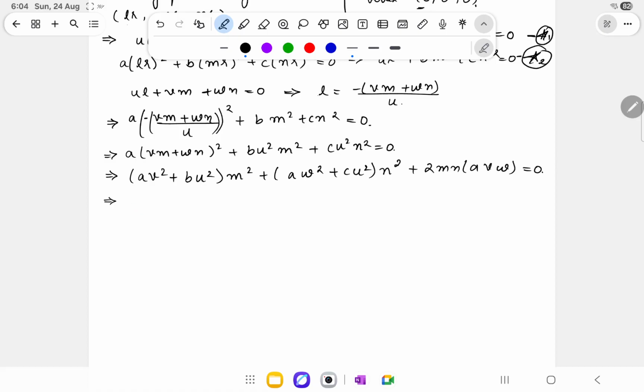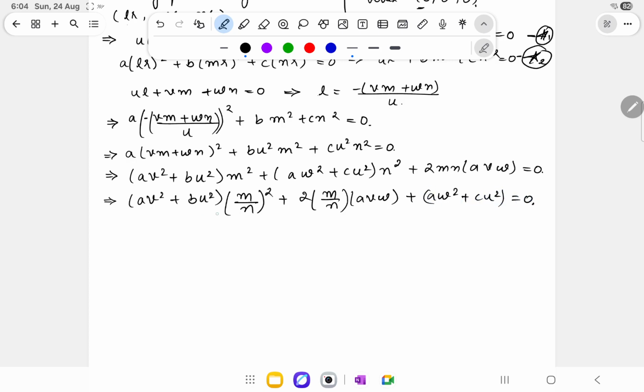If I divide the whole term by n square, I'll get (av square plus bu square) into (m by n) square plus 2 (m by n) into avw plus (aw square plus cu square) equals 0. So if you see, this equation is quadratic in m by n.